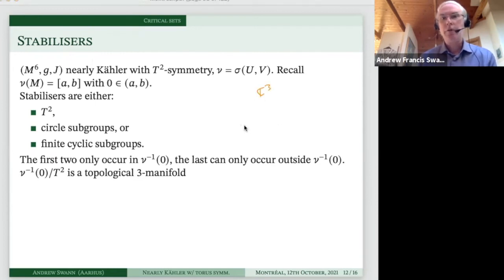You have 3 complex coordinate axes. If you look at the standard T2 action there, then you have a stabilizer that's T2 at the origin, and then on each of the axes here, you have stabilizers that are S1, different circles.